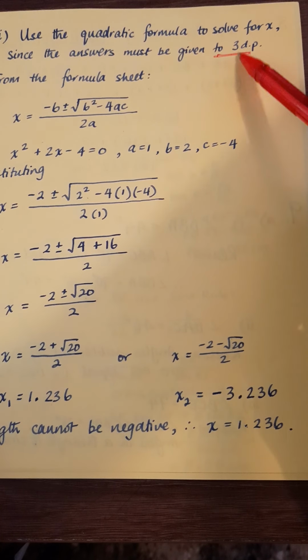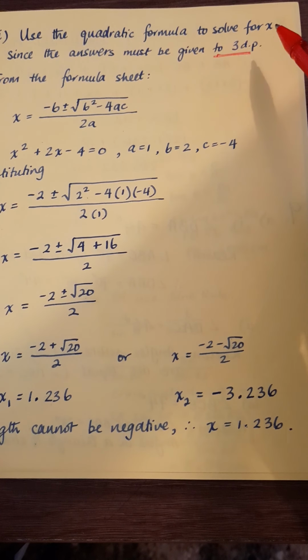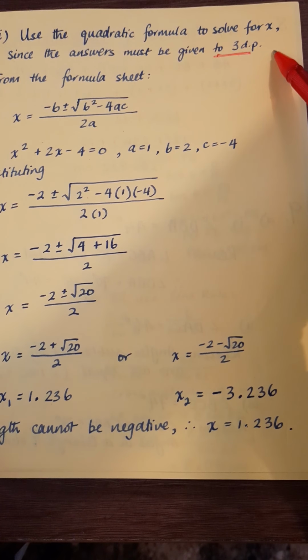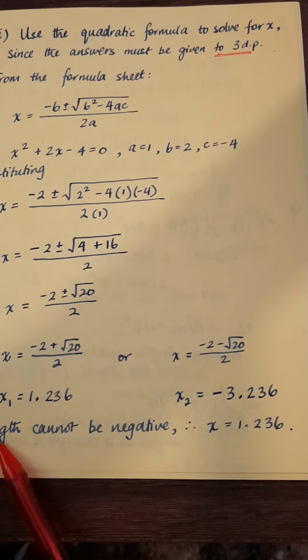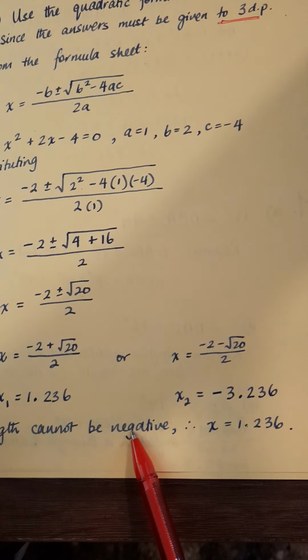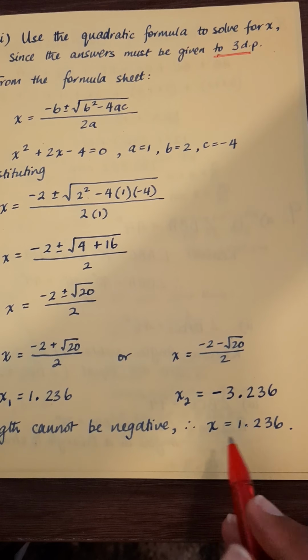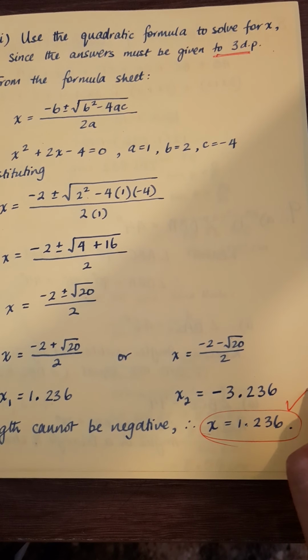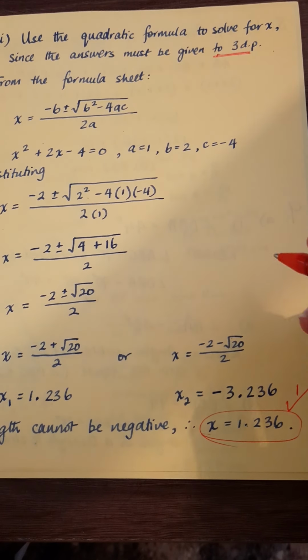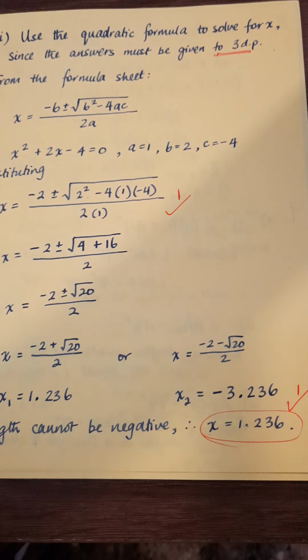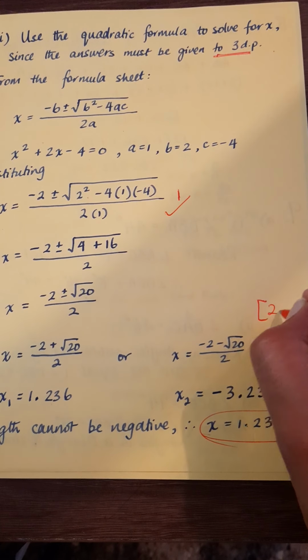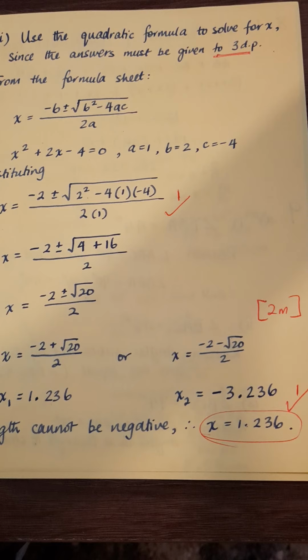Remember, it is to 3 decimal places, right? However, length cannot be negative, so x is the positive value. X is 1.236, so this is 1 mark, and putting everything into the formula is 1 mark. This was only a 2-mark question.